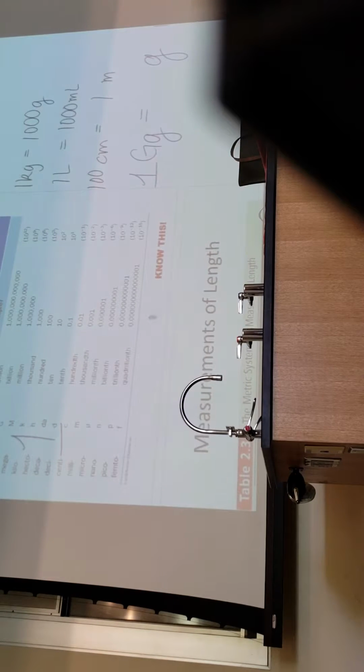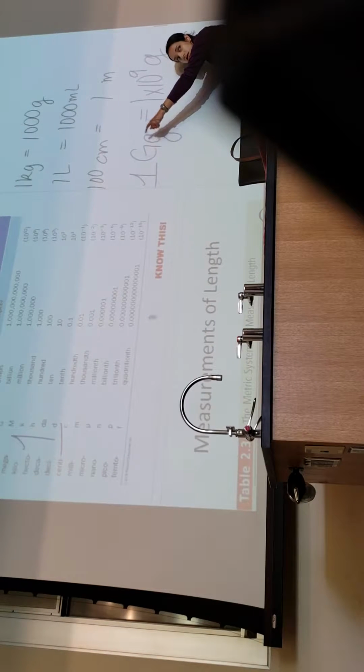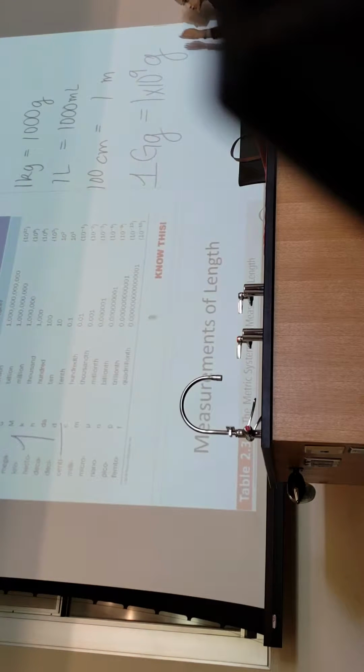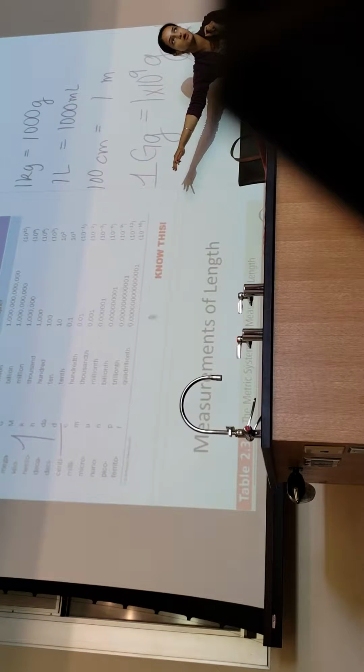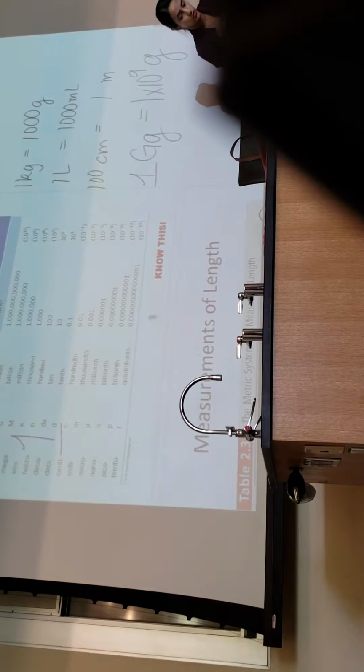That's the multiplier. So I can write it like this. And this makes sense because giga is very large. So you expect a very large number here when I'm talking about the multiplier. So I always put a 1 in front of the prefix. Even if I'm talking about something small, you do it the same way.